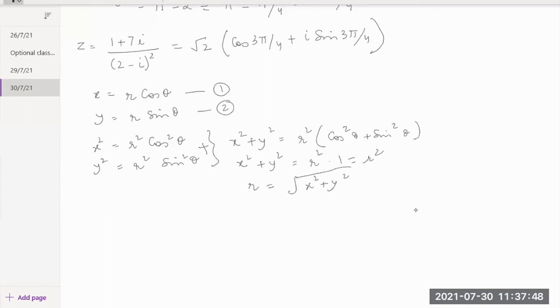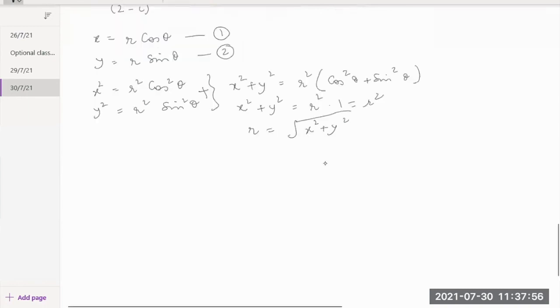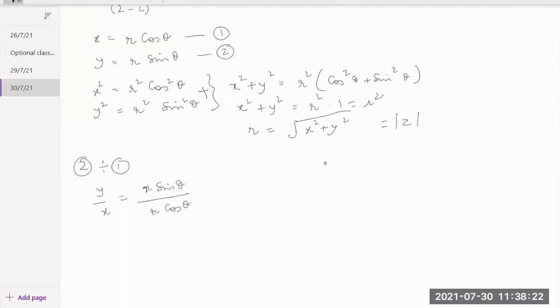Clear? Now see, you have one proof which I did earlier when I started the lesson. The second proof I've given you here, that mod of z can be calculated even in the polar form when you have the values. Similarly, now see, if I divide 2 by 1, y upon x equals r sine theta upon r cos theta. Now r gets cancelled off. What is this? Tan theta.